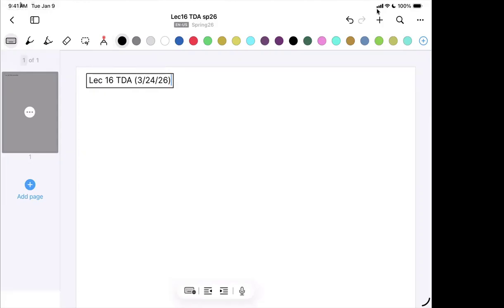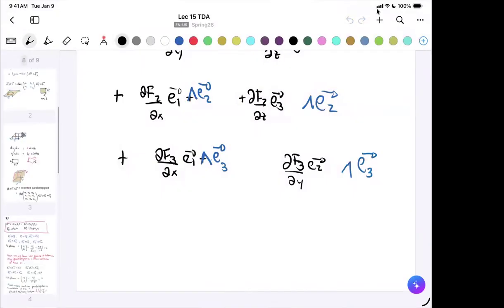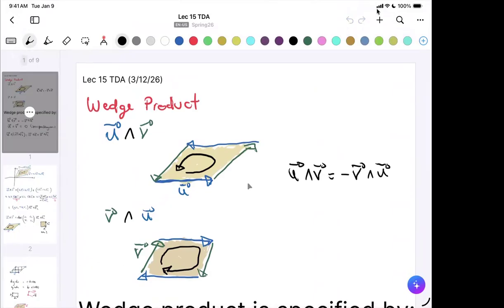Since it has been a while since I last saw you, let me just remind you what the setup is for the wedge product. Again, what I was mentioning a week and a half ago is that the way you should think about the wedge product is as a fixed version of the cross product.